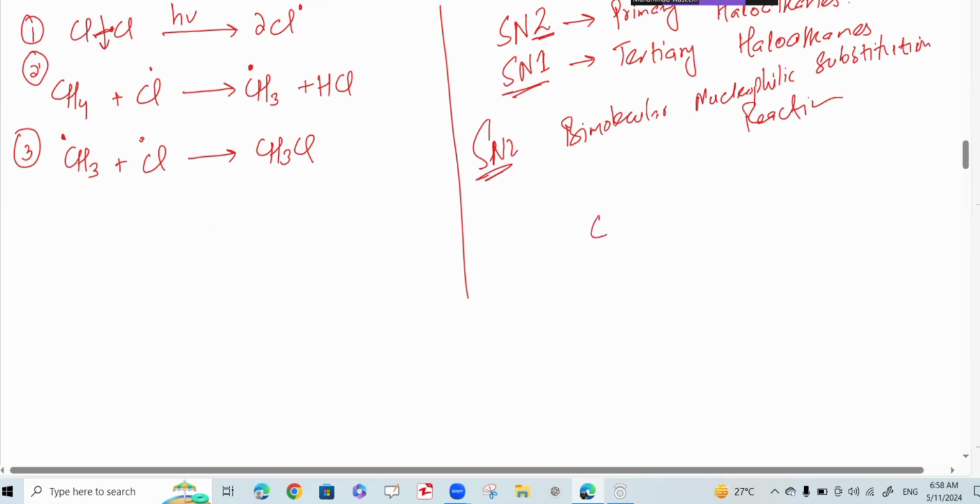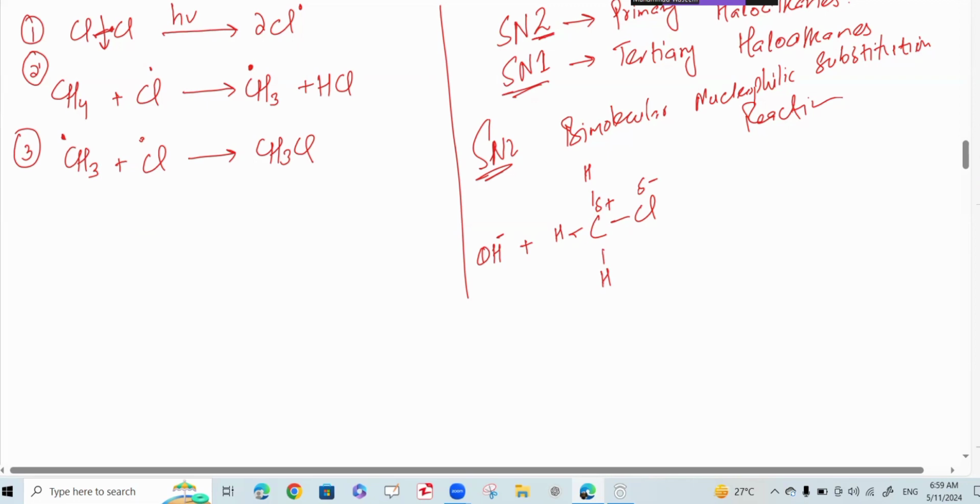Suppose we have this carbon and we have chlorine over here, and here we have hydrogen, hydrogen, and hydrogen. This is called chloromethane, and here we have a nucleophile. The carbon has a partial positive charge and the chlorine a partial negative charge. Now this bond is polar.